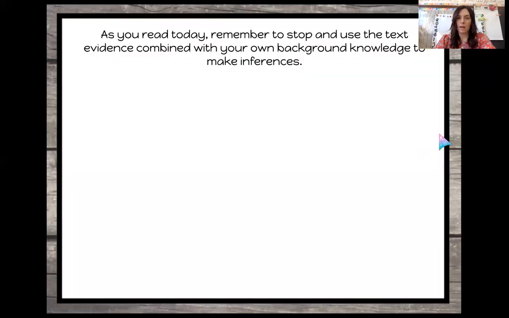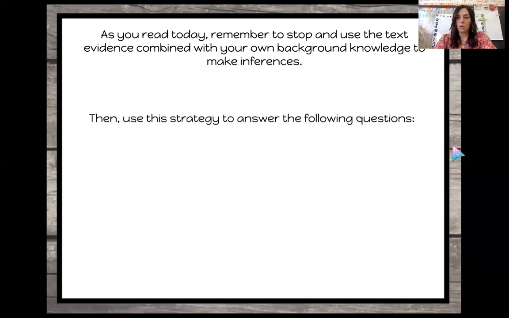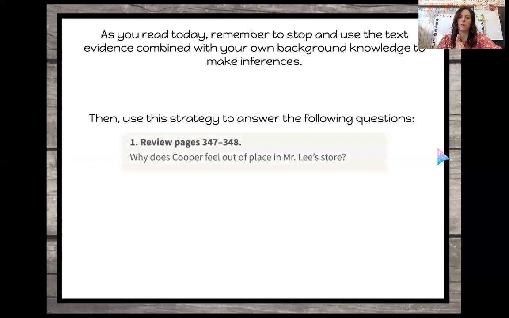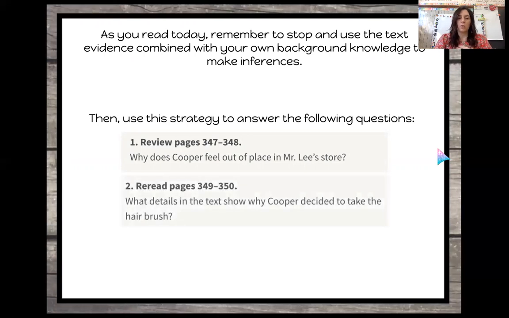As you read today, you are going to use the text evidence combined with your own background knowledge to make inferences. And then you're going to use that strategy to answer the following questions. The first question is, why does Cooper feel out of place in Mr. Lee's store? Then you are going to use the details in the text to show why Cooper decided to take the hairbrush.